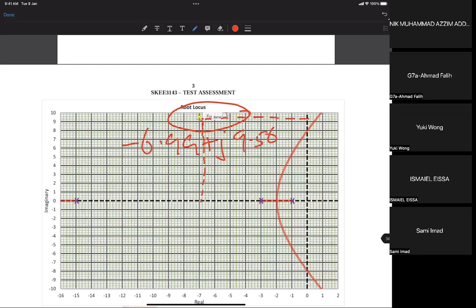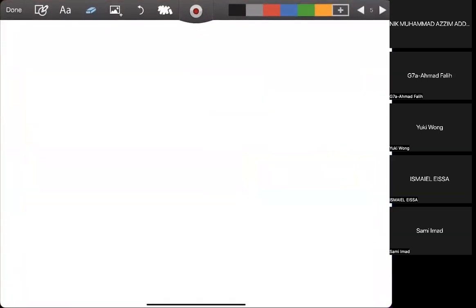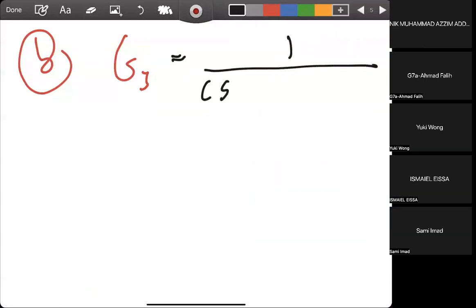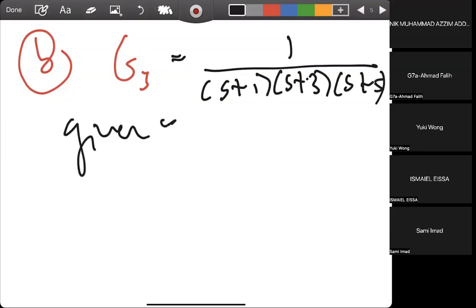Okay, so part B. G3 is given by the open loop. And given the damping ratio 0.59, which corresponds to the overshoot of 10%.